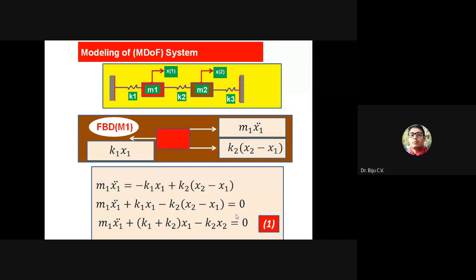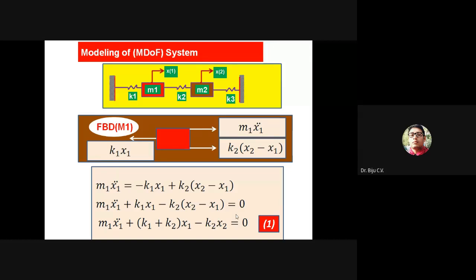For that, we have to take the free body diagram of the first mass, and you have to make the corresponding equations. What we are doing is the spring K1 will be elongated, K2 will be either elongated or compressed depending on whether X2 is greater or less than X1. If X2 is greater than X1, the spring K2 will be elongated, it will be under tensile force, and the mass M1 will be pulled towards the right.